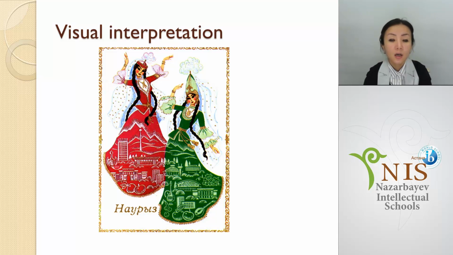They can start analyzing this picture, and you can spend about 10-15 minutes on it, and they can take their own notes, and then after taking notes they can present them in front of the class, and it will also help them to formulate further understanding of the holiday.